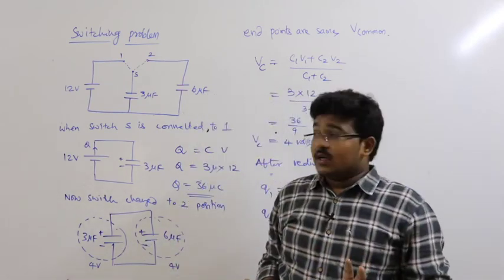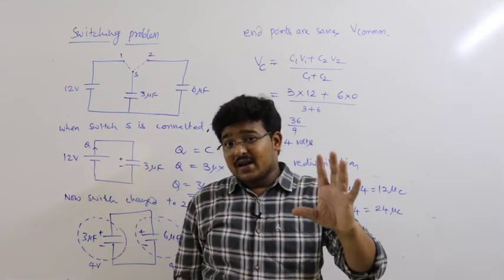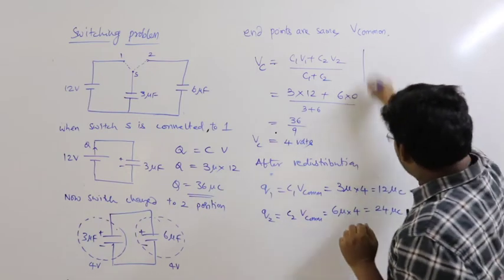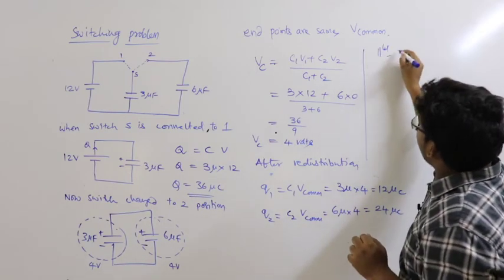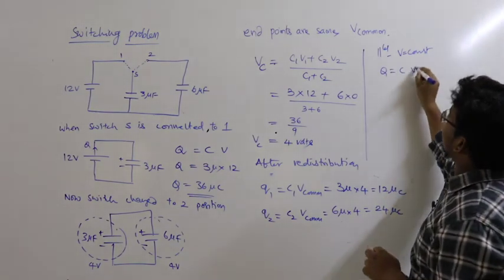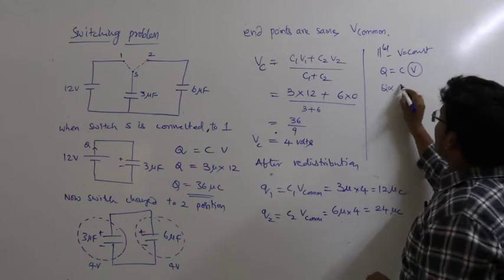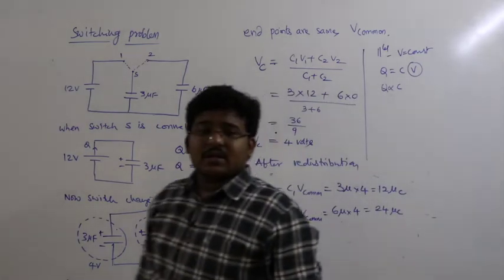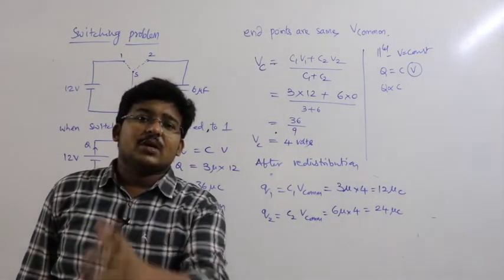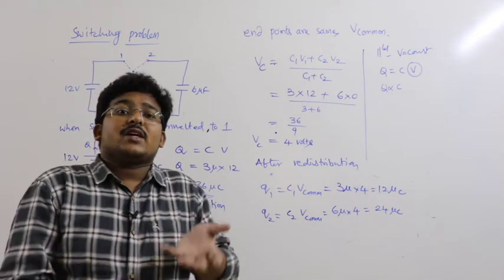As I know that when they are in parallel, V is constant, hence from Q equal to CV, with V constant, Q is directly proportional to C, means the total charge will be divided in the ratio of the capacitances. The more the capacitance, the more charge it will take.